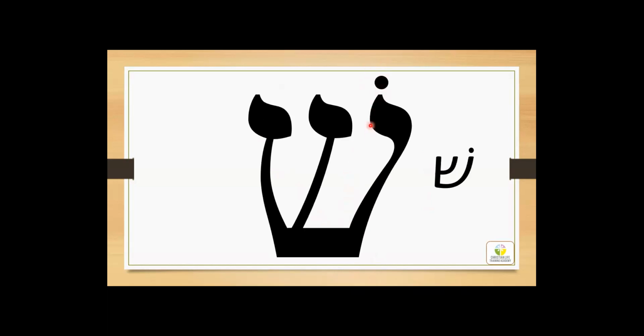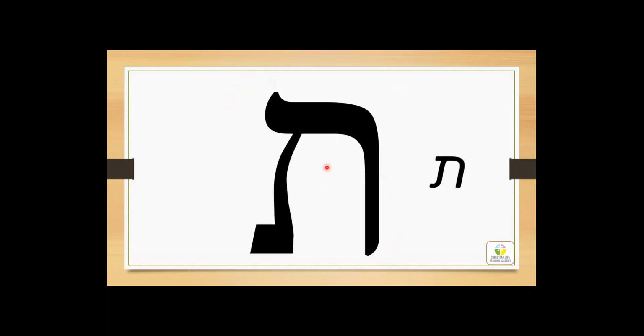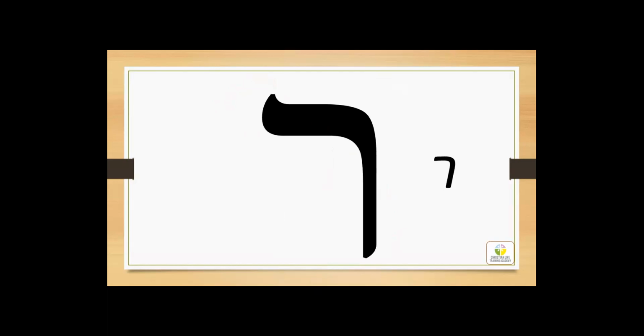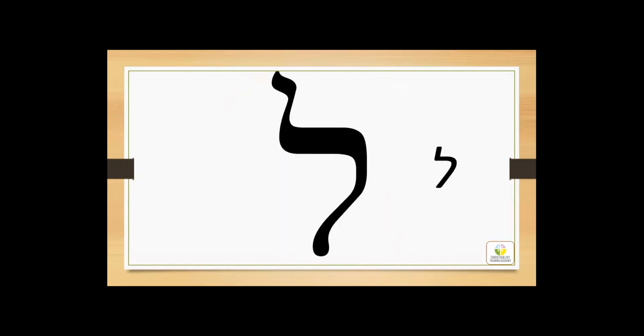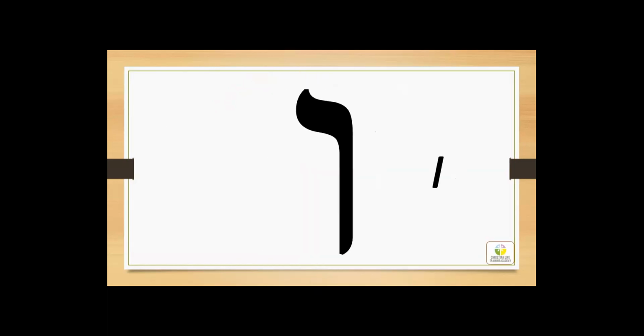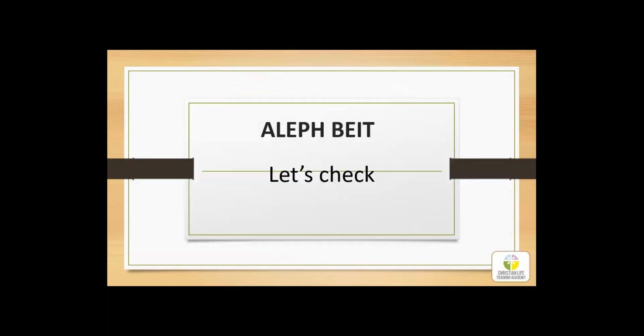The dot on the right hand side is shin, and on the other side it is sin. Good for you. And that is tav. All right. Who would like to recite the alphabet for me?